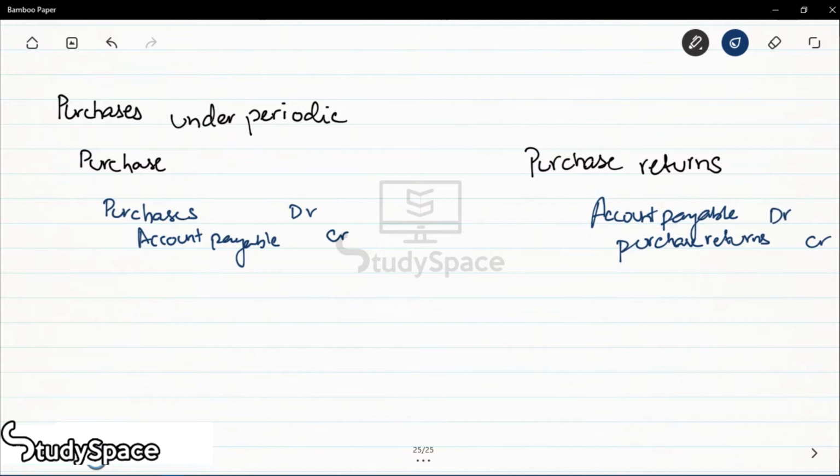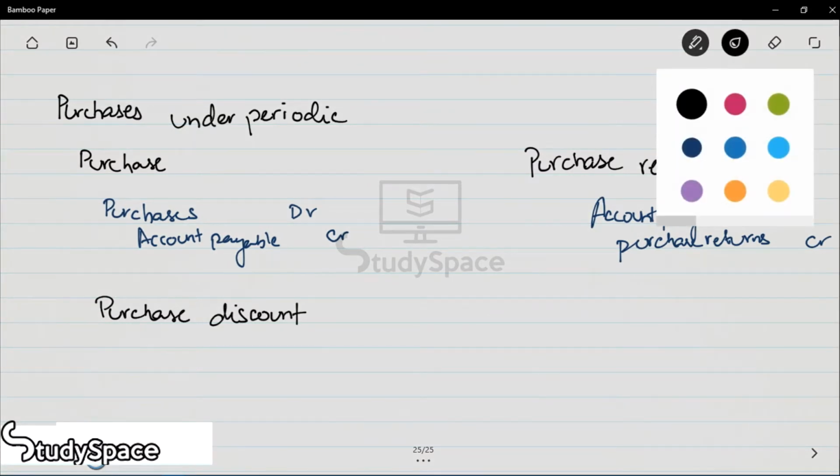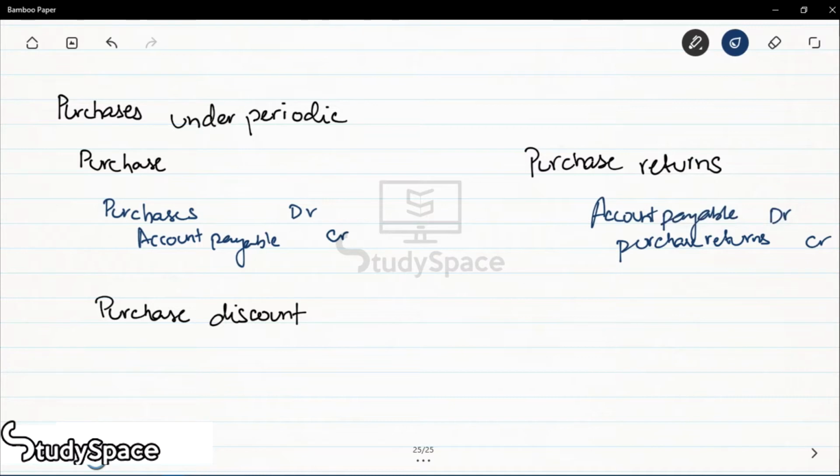Now lastly, in the case of a purchase discount, our accounts payable would again diminish, and a purchase discount account would open, which would be credited along with cash, which would also decrease.